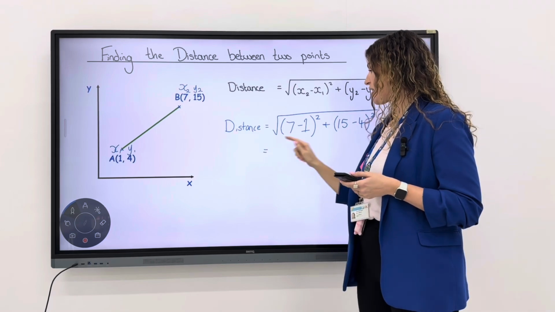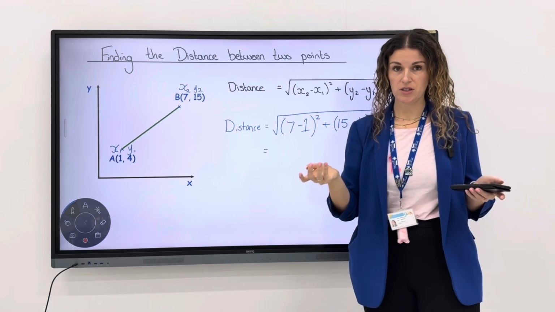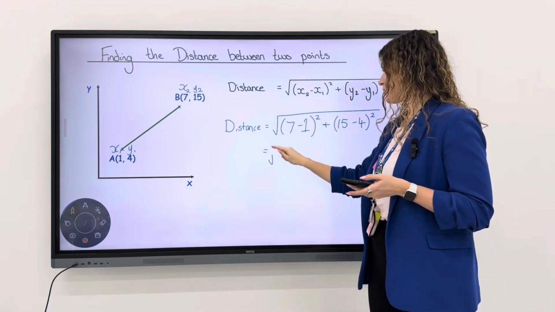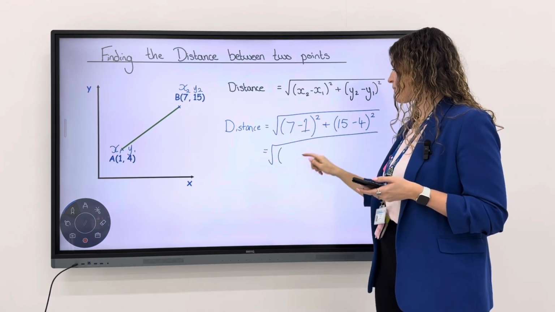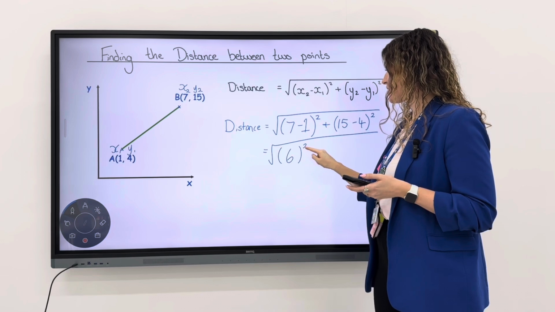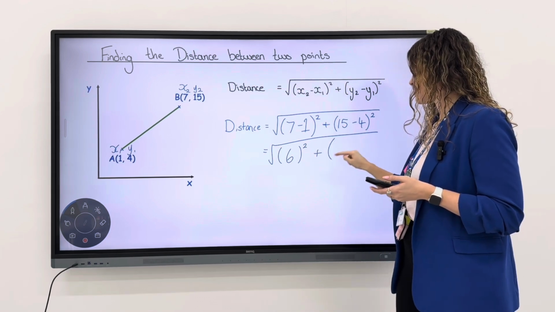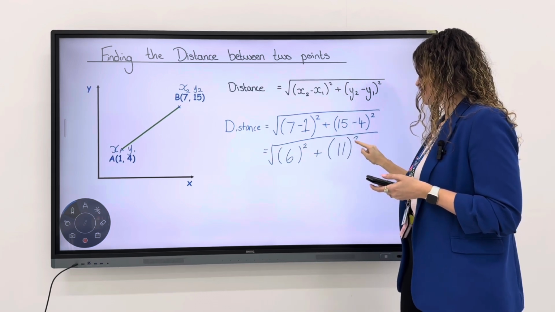Now it's a simplification process or a calculator job. Just for today, I will show you the simplification process. So 7 take away 1 is 6, so 6 squared plus 11 squared.